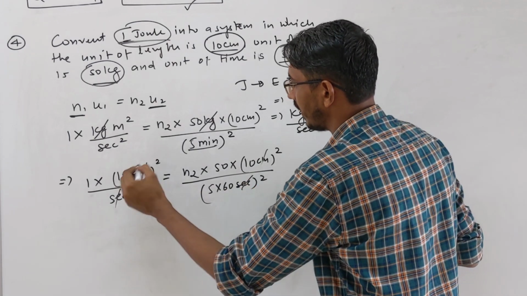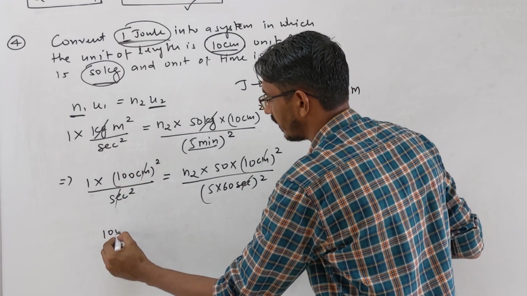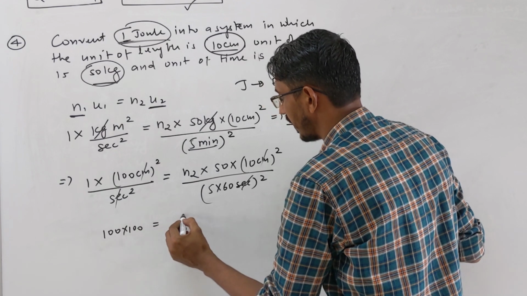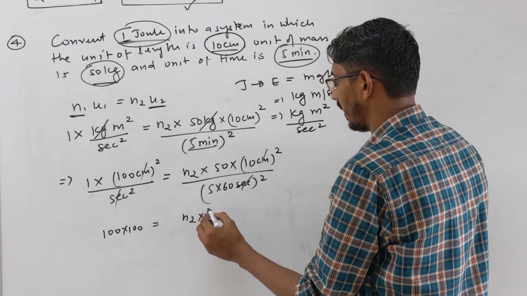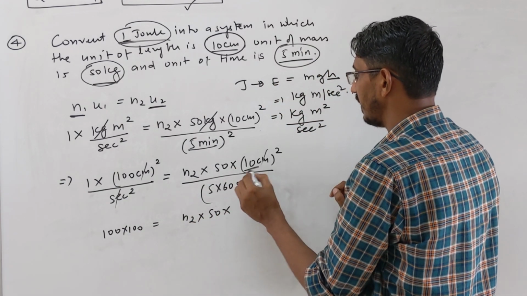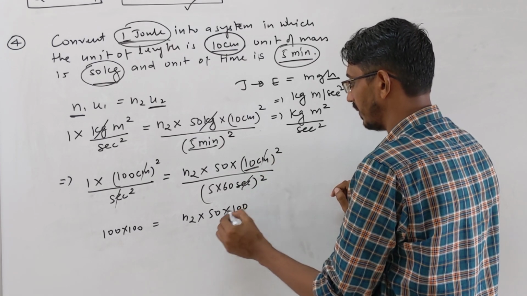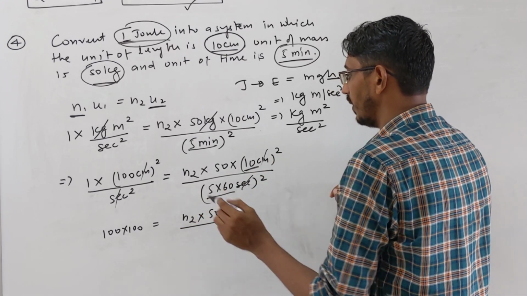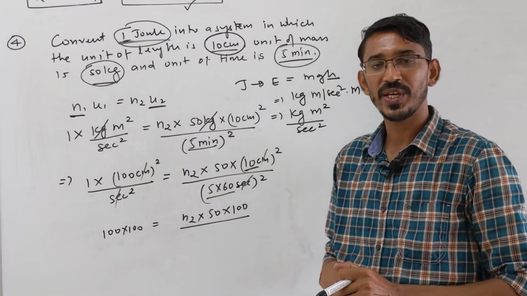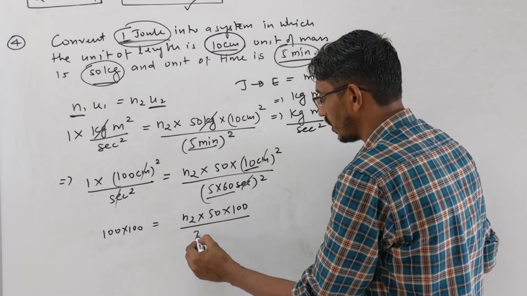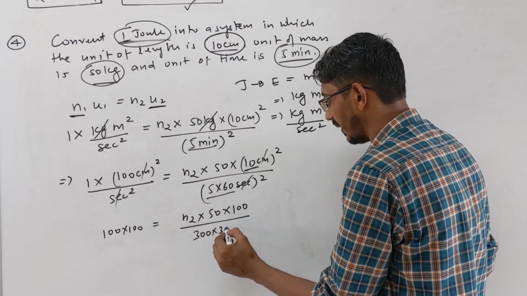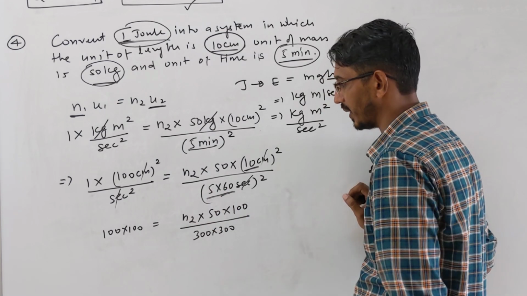So you see this side we have 100 square, so this becomes 100 into 100. This side we have n2, on top remaining is 50, then 10 square, so this becomes 100, and down we have 5 into 60 which is 300 and square of this, so 300 into 300.